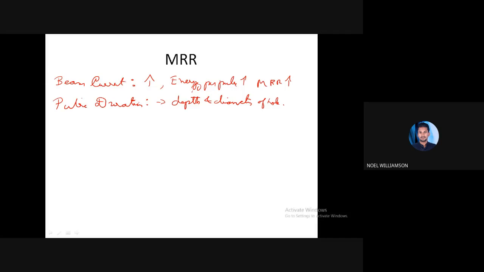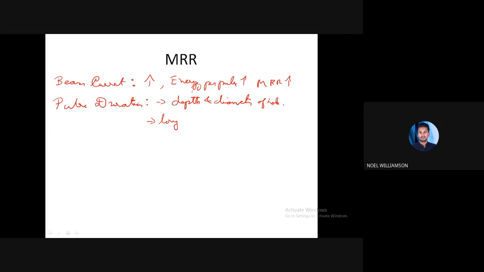And how it is affecting, that is, if the pulse duration is long, then the duration of the operation is more.